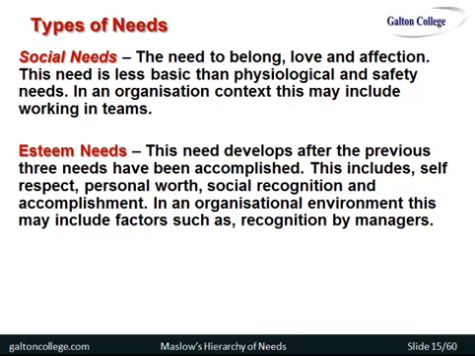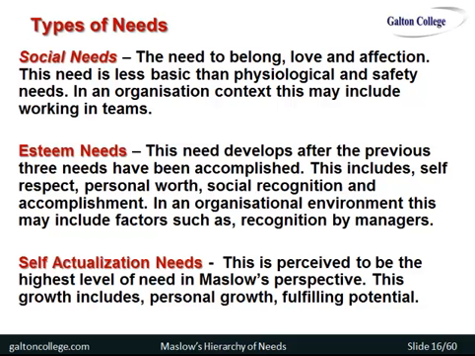In other words, the person's contribution to work, the person's contribution within the organization is recognized. It's esteem. They are congratulated for good quality work, for efficient work, for their contribution to the organization. And the workers, in terms of organizations, would welcome this type of recognition. This is an esteem need.